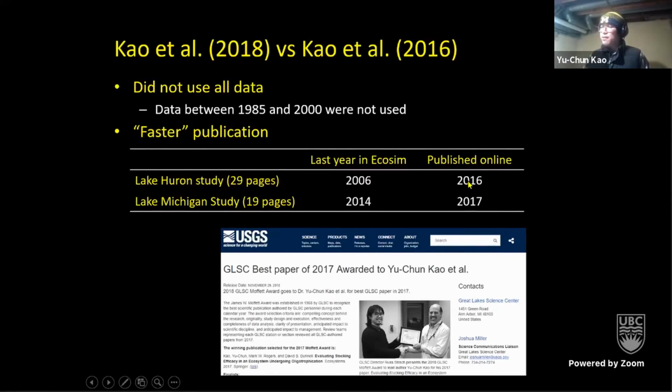So when we finally published this paper online, it could already be out of date, because the newest data in our study was from 2006. And the Lake Michigan study was shorter. Because we could do it faster, we were able to publish it online about 3 years after the newest data in the Ecosim calibration.